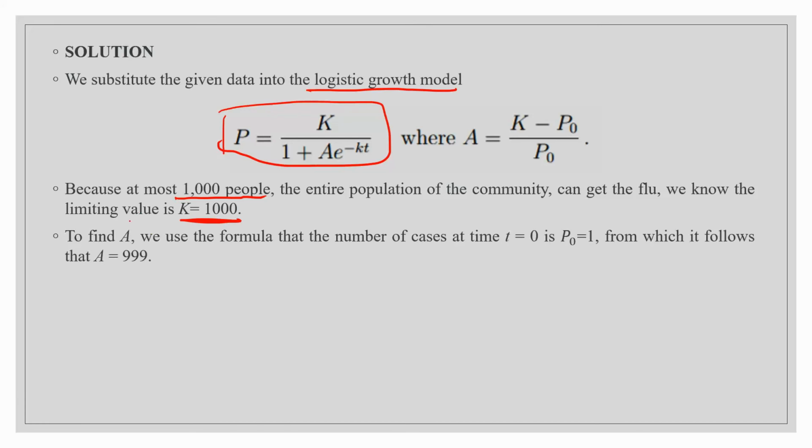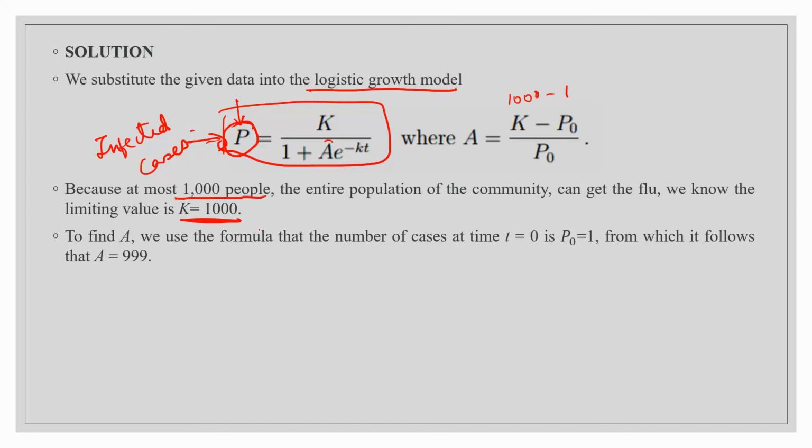We put k as 1000 and P naught as 1, because there is one person infected at time t equals 0, and we are interested in how many people will be infected after 10 days. So this P now refers to the infected cases, right?